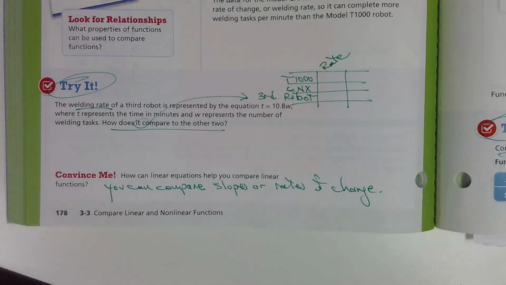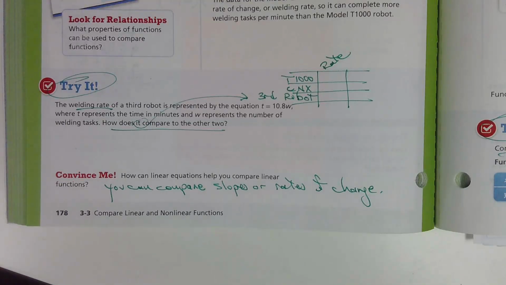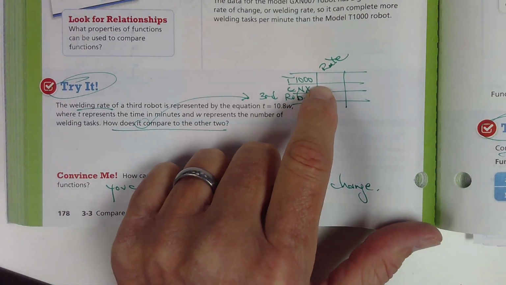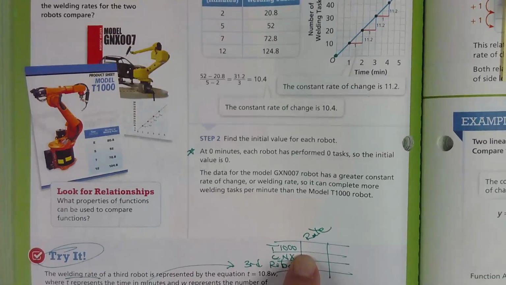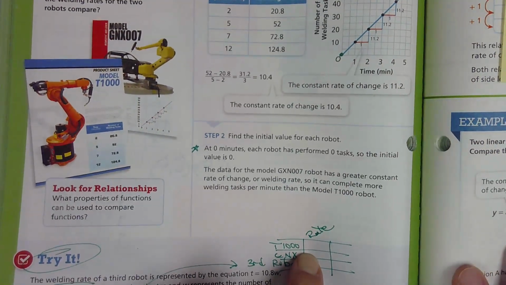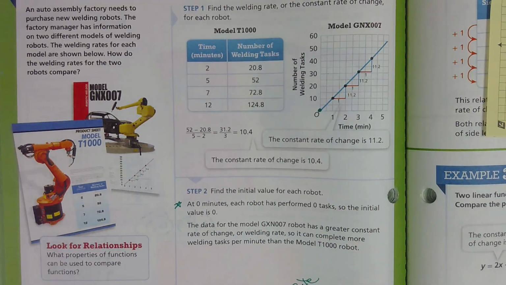Let me pull a stick here so you're paying attention. Miss Stevenson, going back up here, what's the rate of change of the T1000? You can look in your book if you don't see it up here. What is it? 10.4.